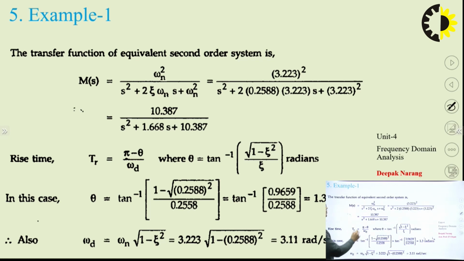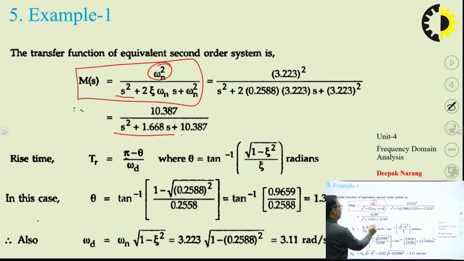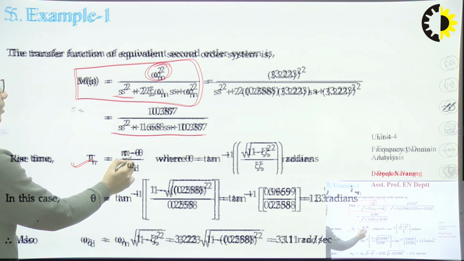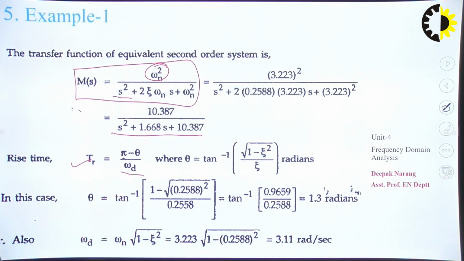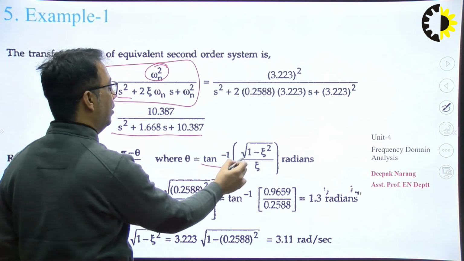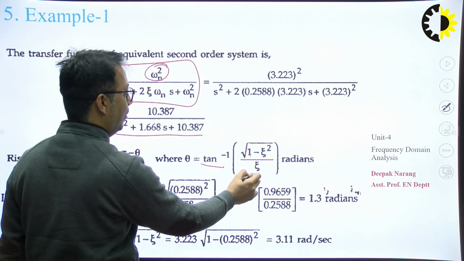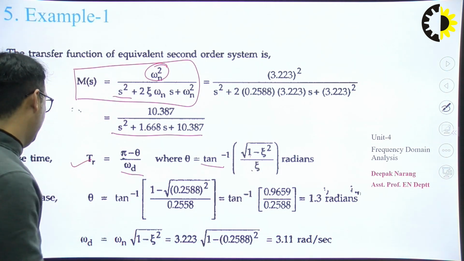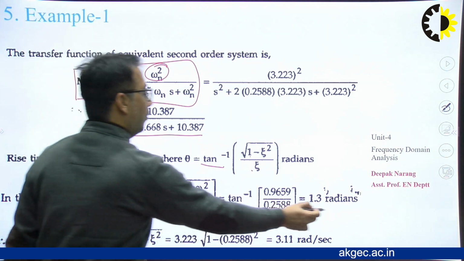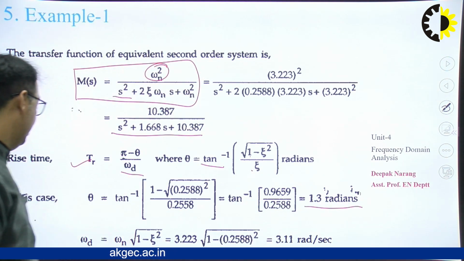And by putting the value of omega n into the second order transfer function, we get the transfer function like this, and through here we can easily obtain our rise time, which is equal to pi minus theta upon omega d, and theta is equal to tangent inverse of square root of 1 minus zeta square upon zeta, and we get theta equal to 1.3 radians.